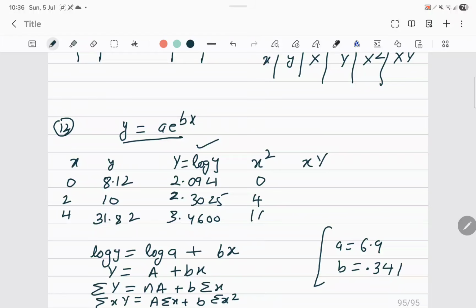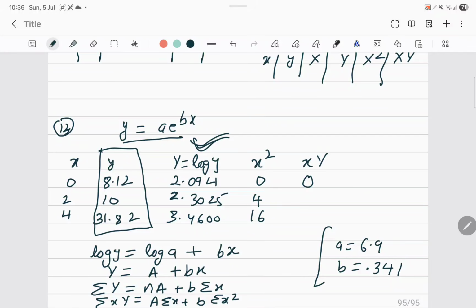0, 4, 16. Now I need to do x into y. Correct? So for x into y, what I'll do? First will be 0 because x is 0. Second will be this. Now you have to multiply by capital Y, not the small y. So don't do that mistake. Don't use this column. Now you have to use this column. Okay. So now next is 2 into 2.3025.